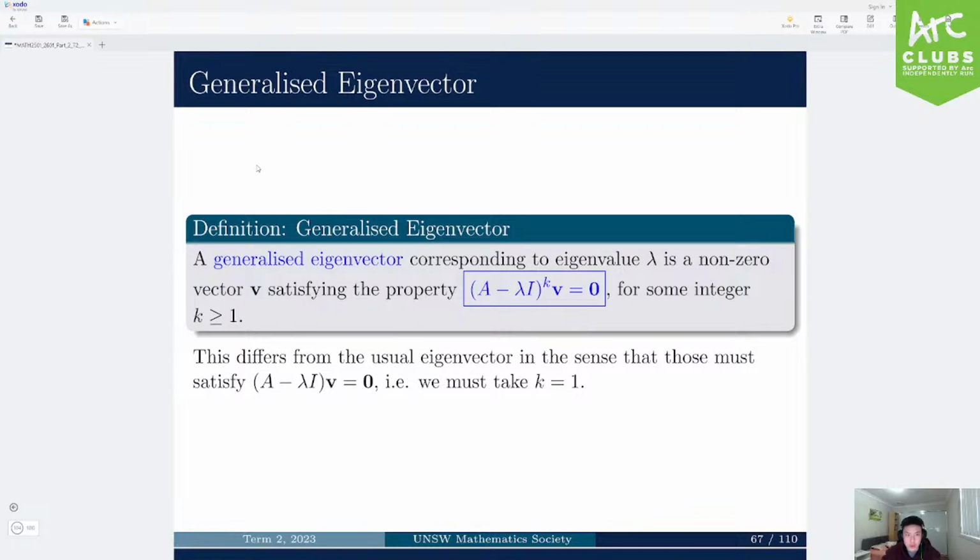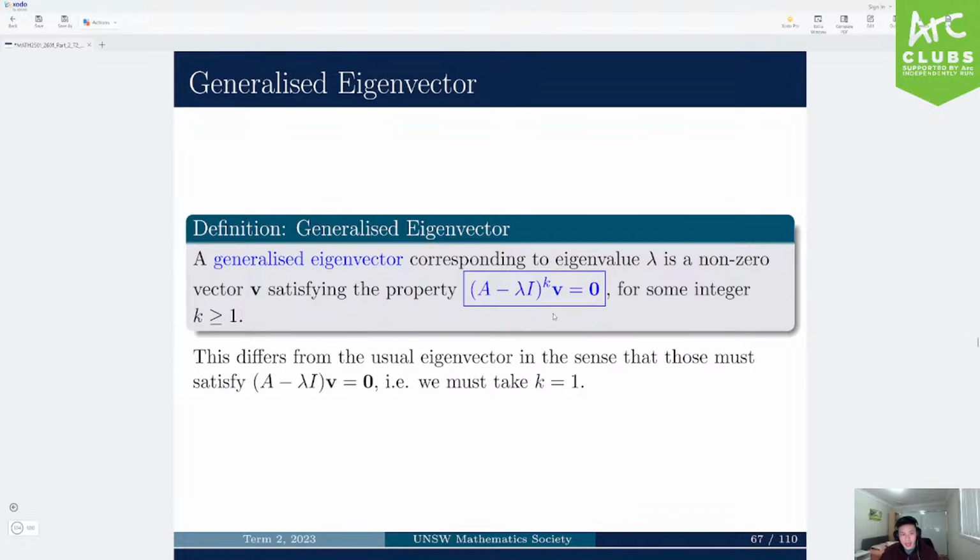And we get on to our next definition, known as the generalized eigenvector. Now, a generalized eigenvector corresponding to an eigenvalue lambda is a non-zero vector again. Remember that your eigenvector can't be zero, and same thing with a generalized eigenvector, it can't be 0. And it has to satisfy this property here, (A minus lambda I) to the power k times v equals 0 for some integer k.